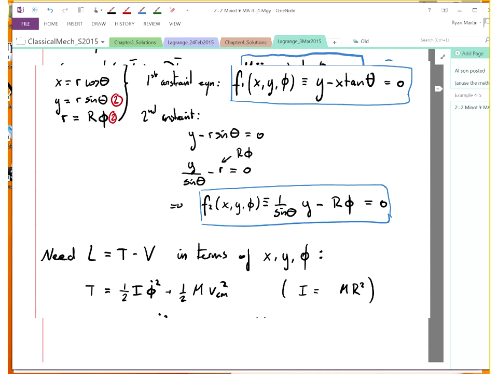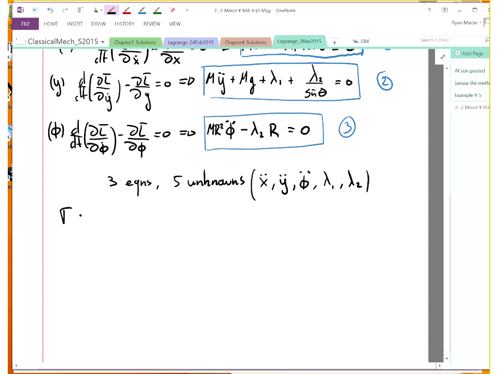Okay, let's look at F1. From our F1 constraint, let me write it as x equals 1 over tan theta times y. Tan theta is a constant, right?